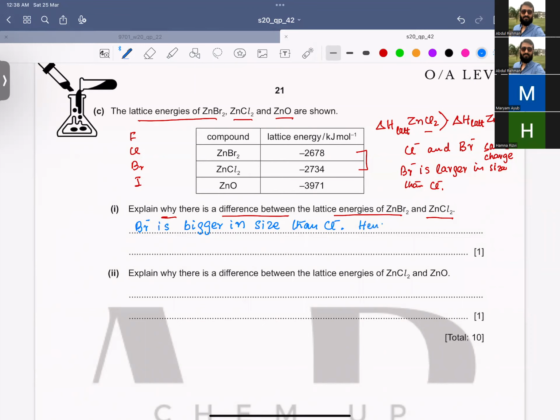Hence, attraction between zinc 2 positive ion and bromide ion is weaker. ठीक है, ये statement clear है सबको?